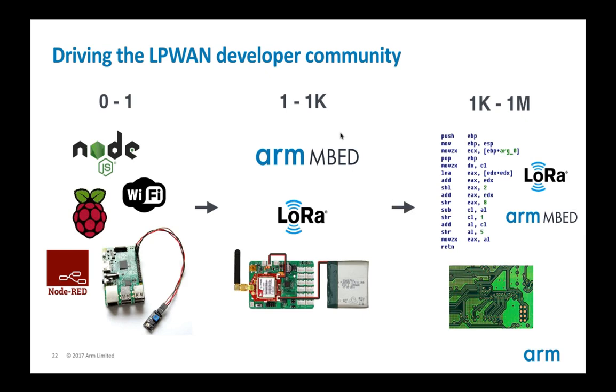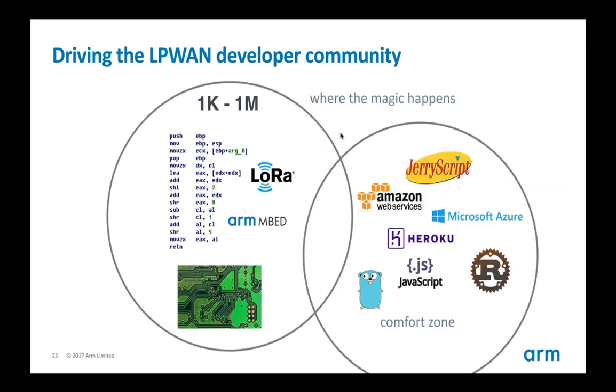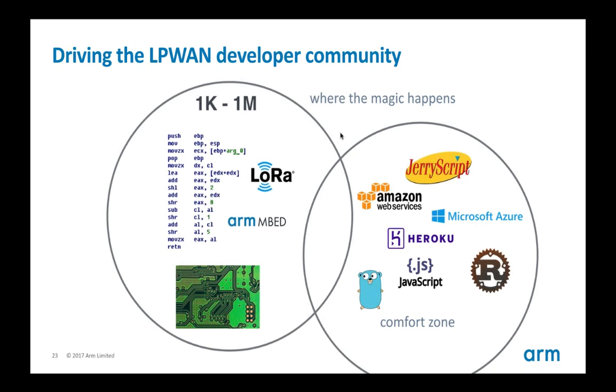The number of IoT devices expected in a few years is going to be in the tens of billions. What we really see is that most developers have a web background, so they are very familiar with cloud services, JavaScript, Rust, and Go.